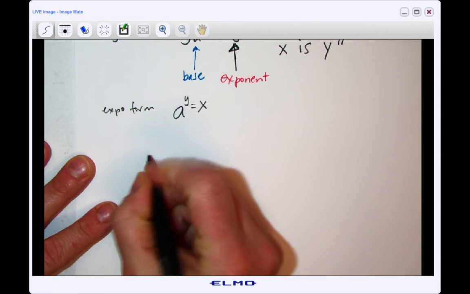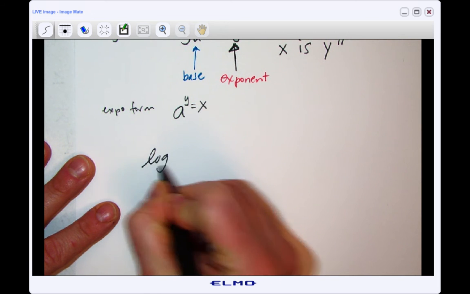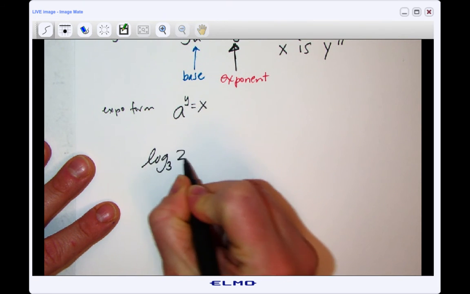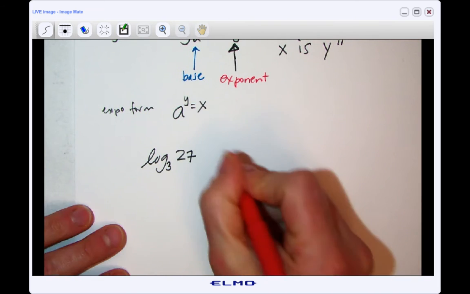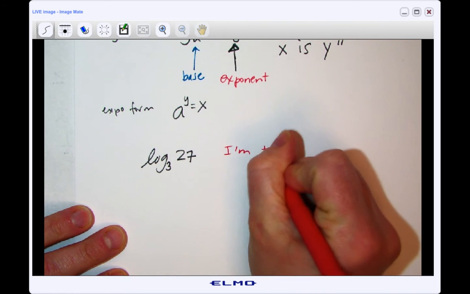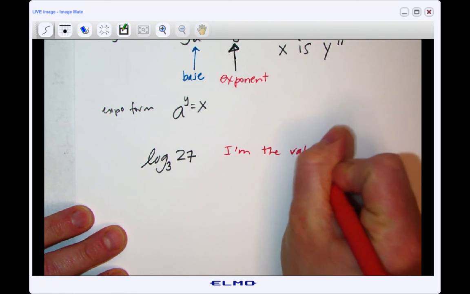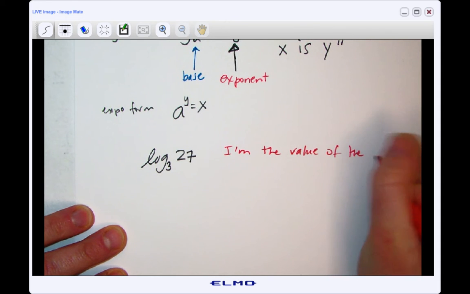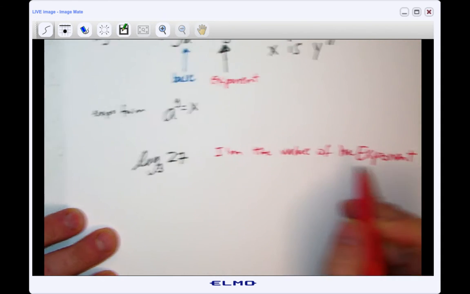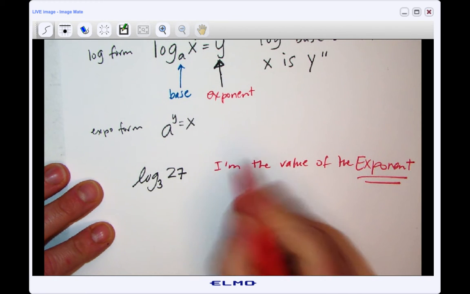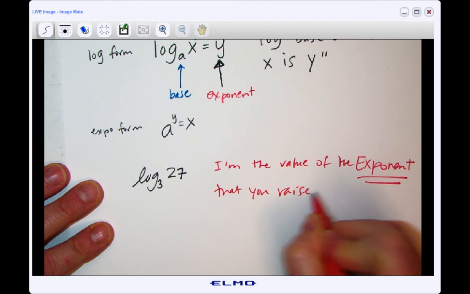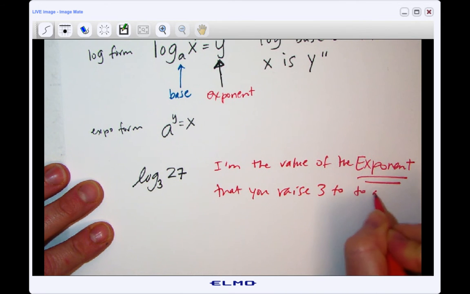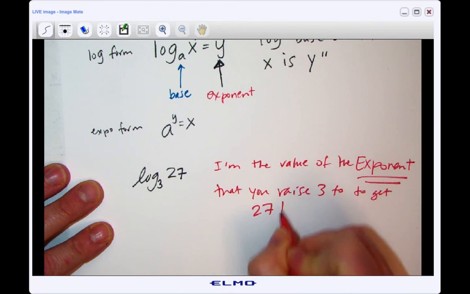So if I take something like this, it says log base 3 of 27. This is actually saying the value of the exponent that you raise 3 to get 27.